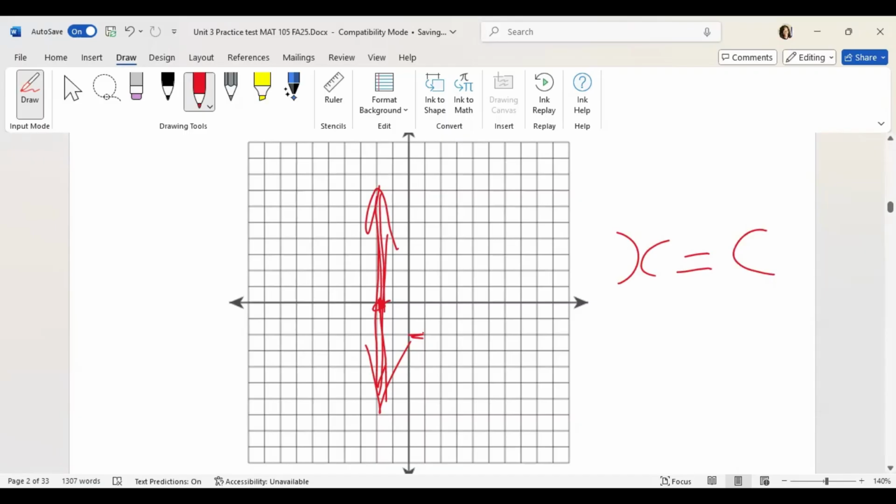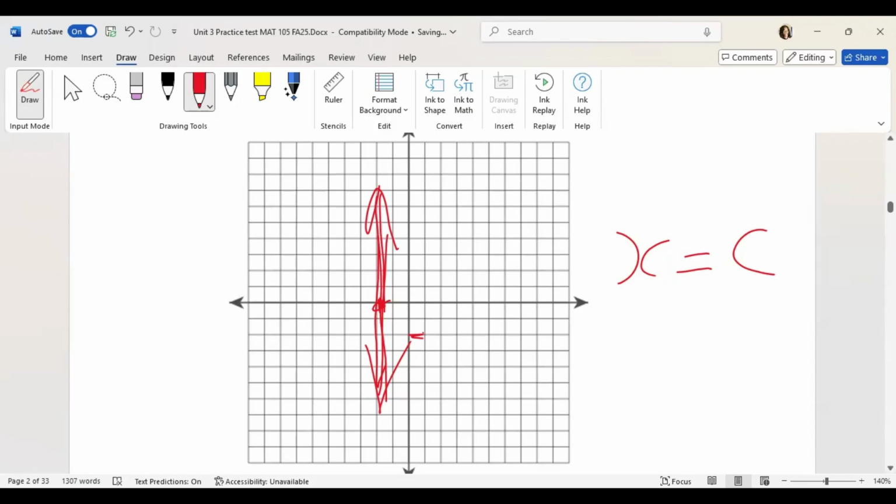And whenever you have a vertical line, let's try and find the slope of this line. Remember, it's a vertical line anyway. So the slope of any vertical line is undefined. But how do we know it's undefined? Well, let's rewrite the equation.